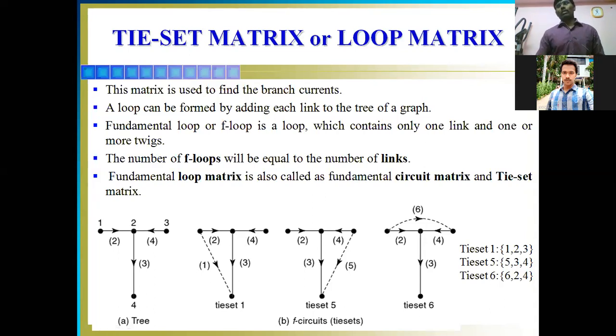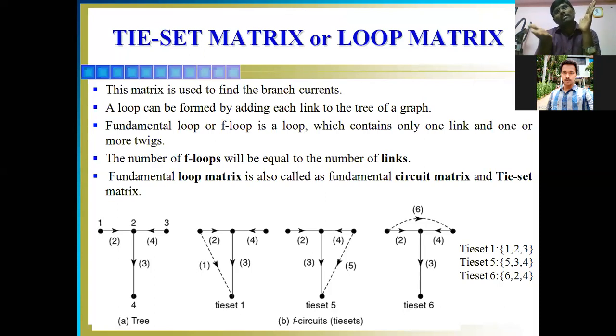Here the number of twigs is equal to n minus 1. Out of B branches, if you remove n minus 1 branches as twigs, the remaining branches are called links.